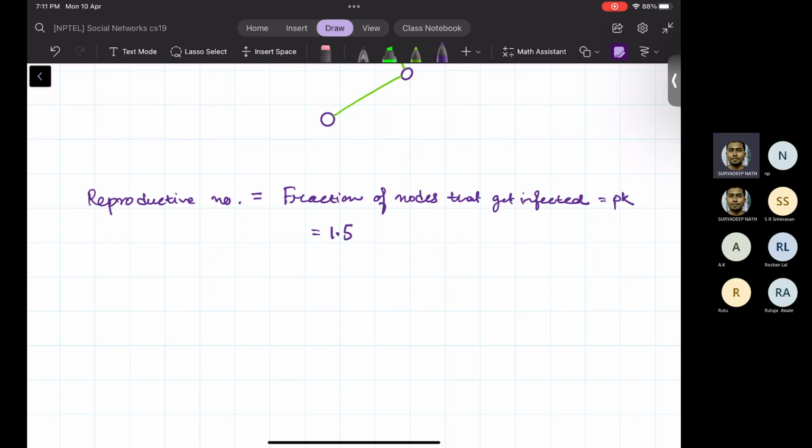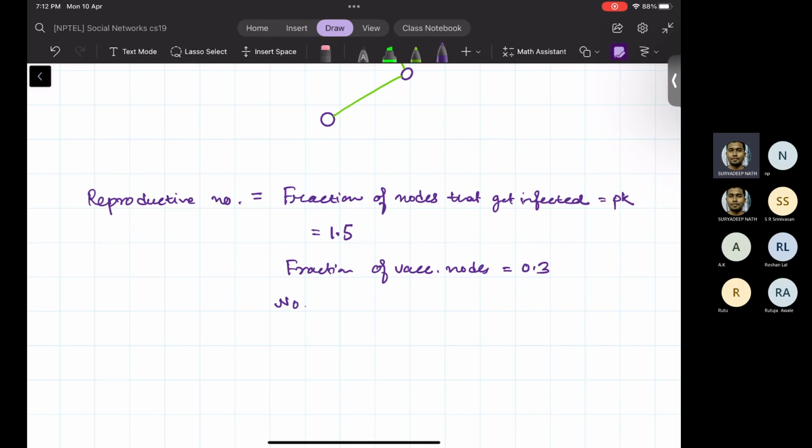Now when you introduce vaccination, the fraction of vaccinated nodes is 0.3.